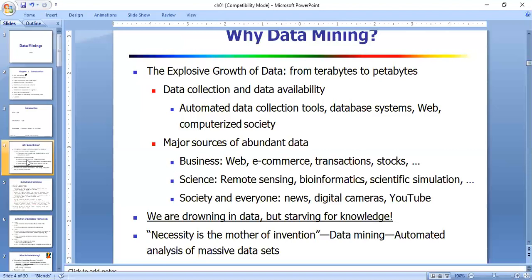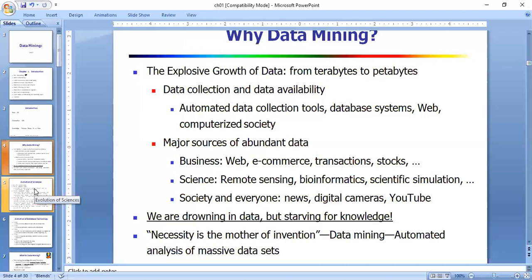Okay, now the data will be collected, and it will be available all the time. Whenever you ask, wherever you ask, the data will be available in front of you. Nowadays an enormous amount of data is available, so they are going for automated data collection tools, database systems and web computerized societies.